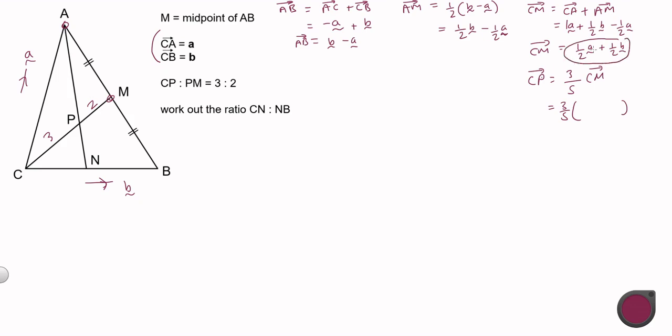I'm going to put that in here. Expand the brackets now, and just multiply the fractions. Right, that's what I have now. All right, that is C to P.